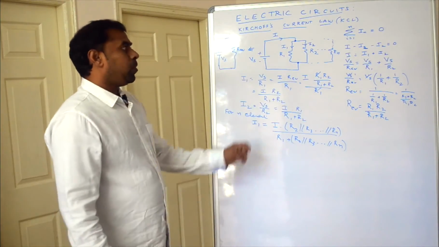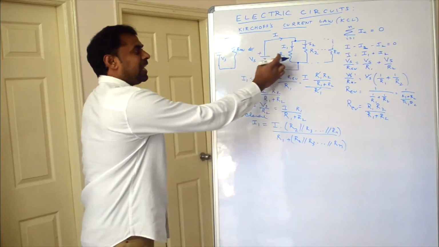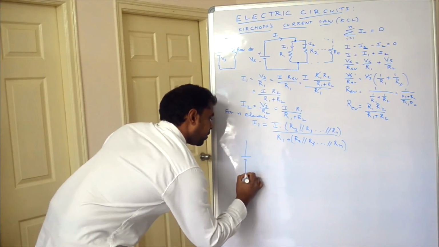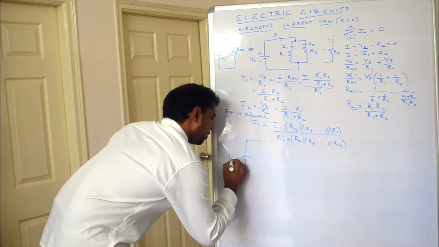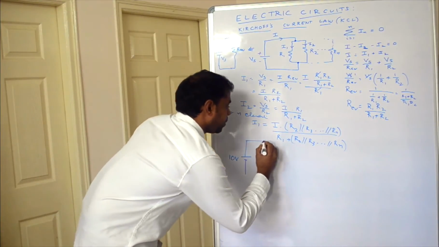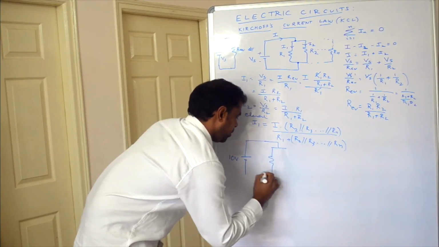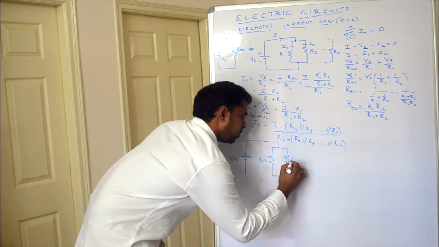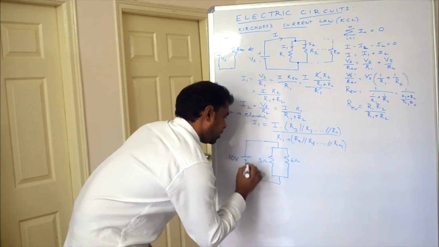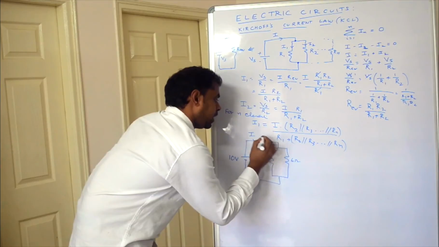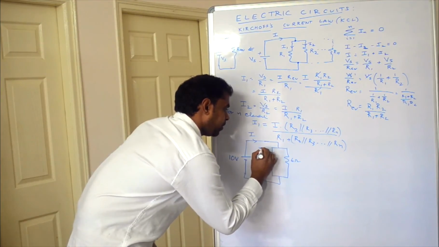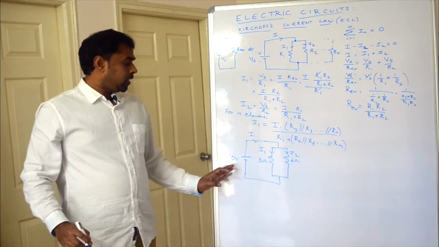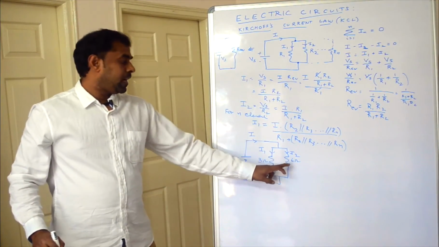Next, I am taking an example to explain the current in each and every branch. Here we have to find the total current, the current in 3 ohms, and the current in 6 ohms.